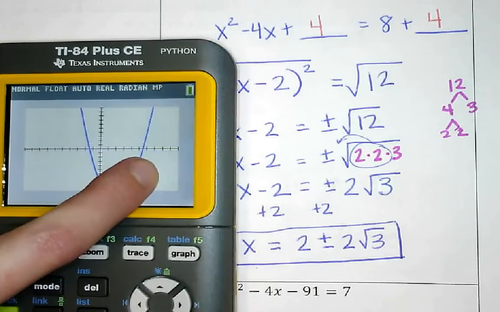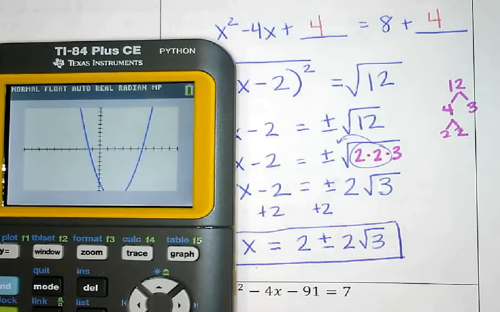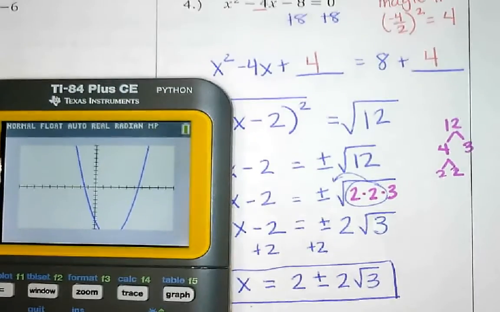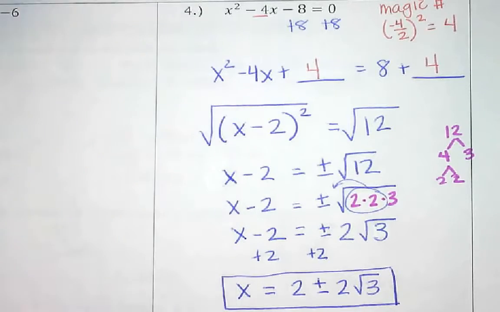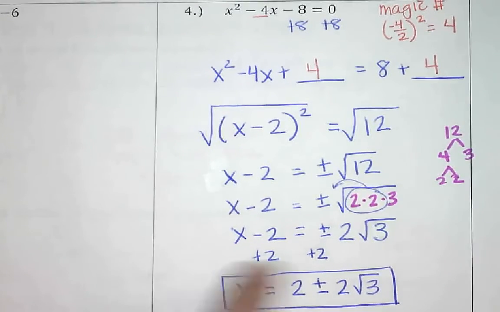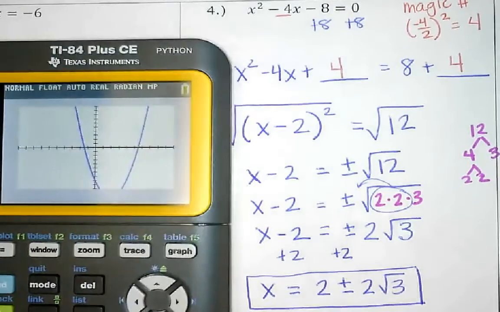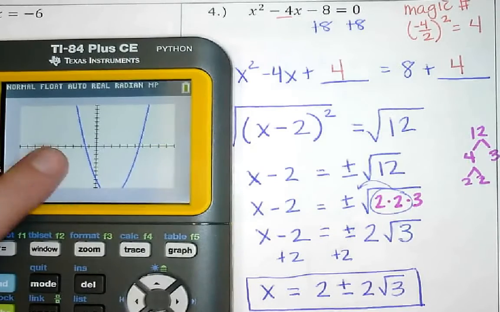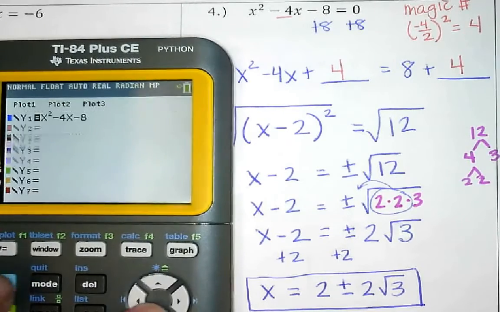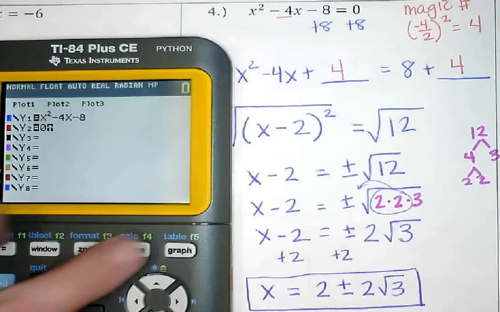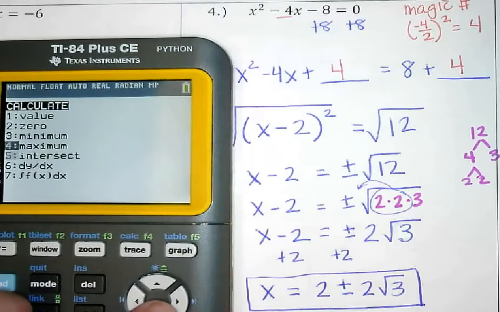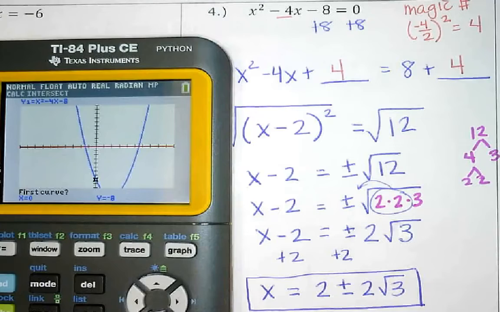Now, here's the deal. If you guys are looking at a multiple choice test, and all your answers are in radicals, you could find your answers on the calculator, with our little second trace here. You do your intersections, and guys, you would get negative 1.46412 and the other one.